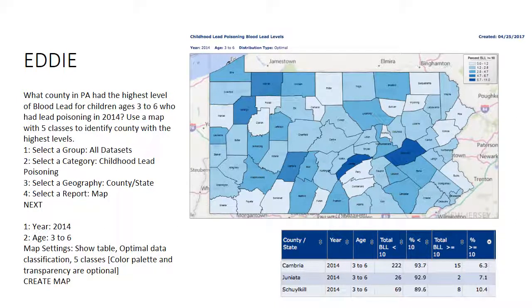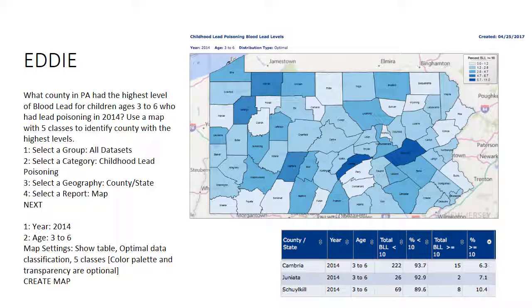It has a key of what the ranges are based on colors in the map. The highest levels would be the darkest blue color. And it looks like here that Cambria and Juniata counties have the highest levels. But we want to see specifically which one county had the highest level. So now that we've identified that, we can go down to the table and look at percent total blood lead level greater than or equal to 10.